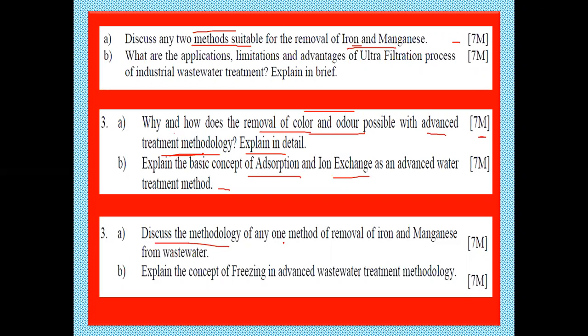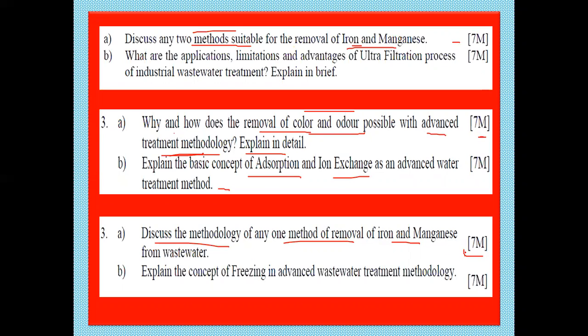Discuss the methodology of any one method of removal of iron and manganese from wastewater. In the second question, discuss any two methods suitable for removal of iron and manganese, and 7 marks were given. In another question paper, discuss any one method was given and 7 marks were given. So what does this tell you? The same question can be asked in different ways; here two methods got 7 marks, and there one method got 7 marks.